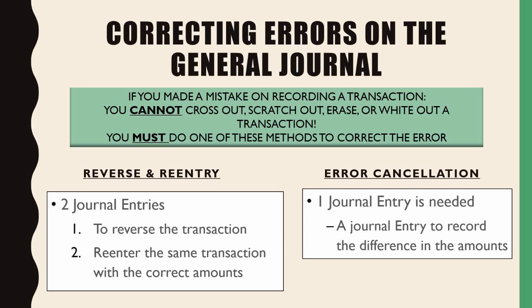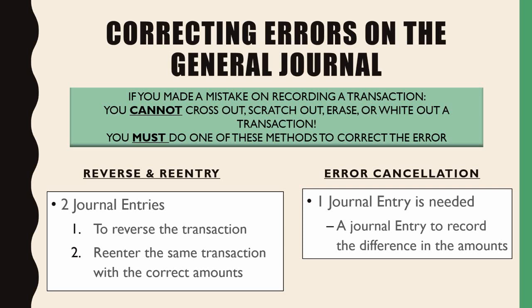Okay? So in that case, once you determine that, then you just correct the entry by putting the difference in the correct account. Now you have to be very careful because sometimes it can be very confusing and you'll end up entering the wrong entry.